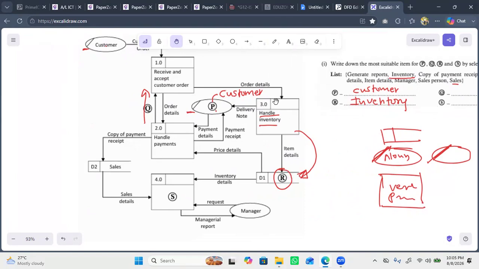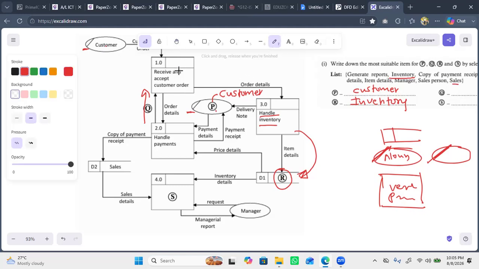Nothing else. Okay. With that logic, let's find the other things. Be smart, be careful when you are finding this. See, you have this process here. Now let's go with the story. You have the inventory updated. You are getting the price details. You are handling the payments from this process.